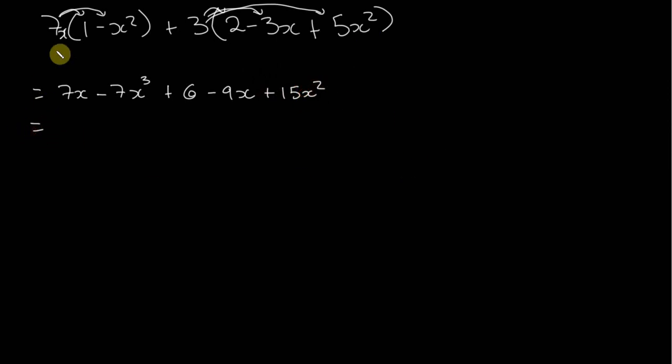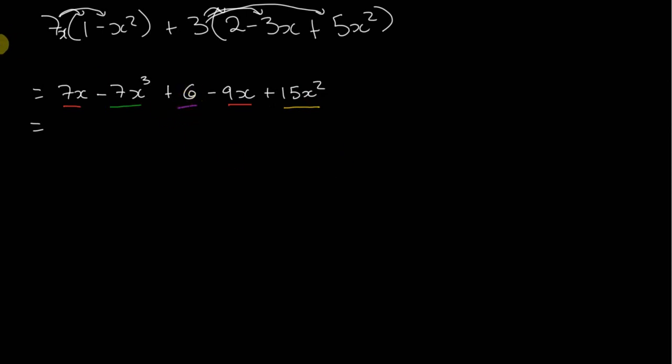Now that we've distributed, we can identify our like terms, so just for the sake of clarification of what's happening here, I'll highlight them. We've got one x term, we've got two x terms, right, highlighted in red. We've got one x cubed term, looks like. We've got one x squared term, and we've got one constant, which I'll highlight in magenta.